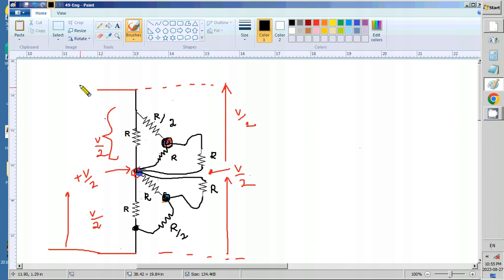Now you can shorten these wires, taking this resistor a little bit left. I am doing all these things for you to understand, otherwise you don't have to do all these things. So I try to do it.